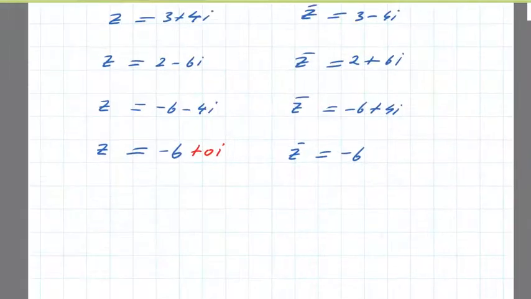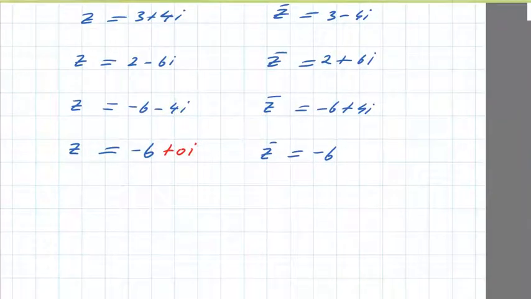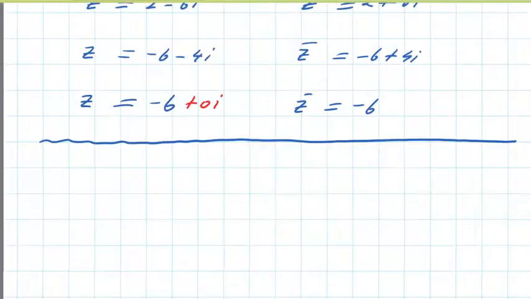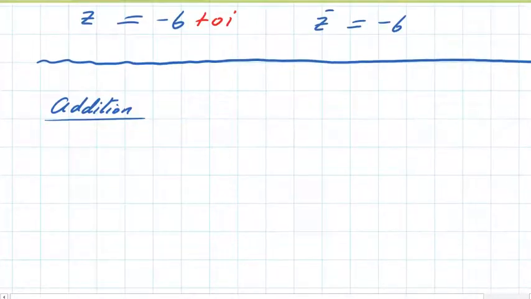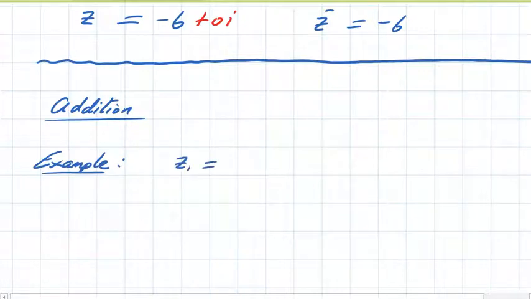And that's conjugate done. So we have 4 more things left to do: add, subtract, multiply, and divide. So we'll now do addition. And addition is quite easy. Again, the best way is with an example. So if you had z1, we'll call it z1, just to give it a name, 3 plus 4i.